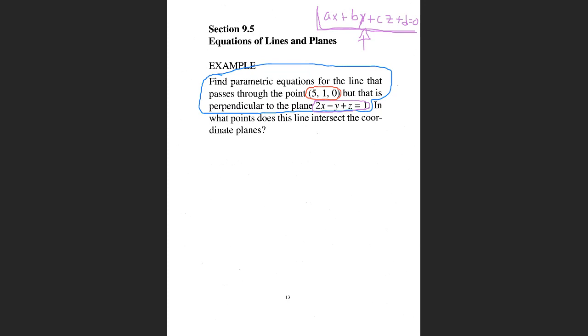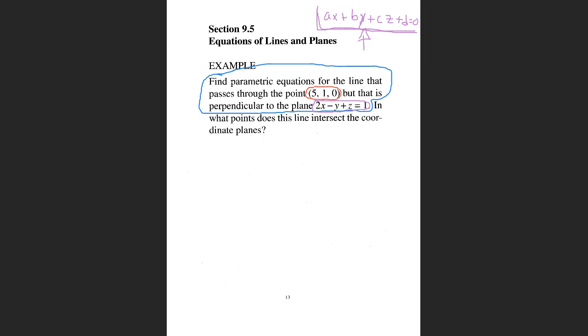Now, what do we need to determine the equation of a line? We need to know two things. One of them is a point that the line passes through. But then what else do we need to know about the line? Okay, Gordon, slope.